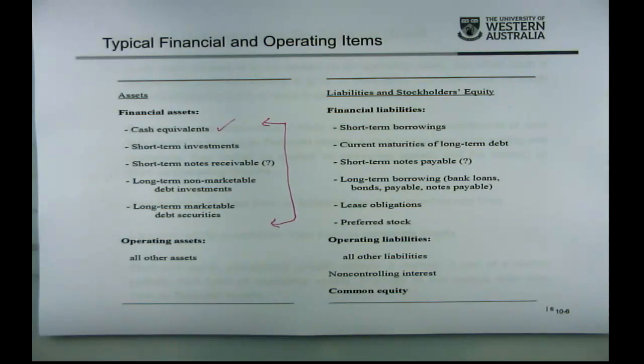They are almost similar to cash because they are short-term and highly liquid and can be converted into cash very easily. That's why they are usually treated as if they are cash, but in fact they earn interest, and they are debt securities held by the firm, so they are financial assets.